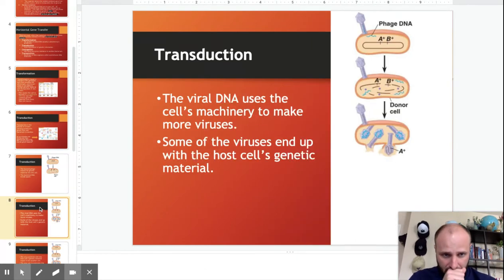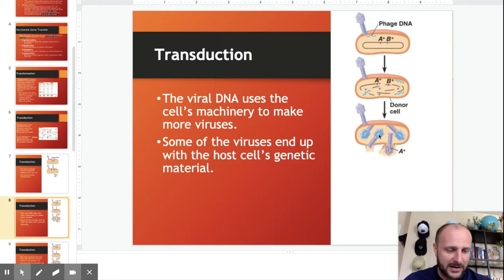After that host cell makes new virus DNA, it's going to make new viruses. As you can see here, new viruses are made. Those viruses can then break off and go infect other cells. But sometimes the viral DNA doesn't get put into the virus; instead, part of the bacteria's DNA gets put into this virus instead of the actual viral DNA, or RNA.